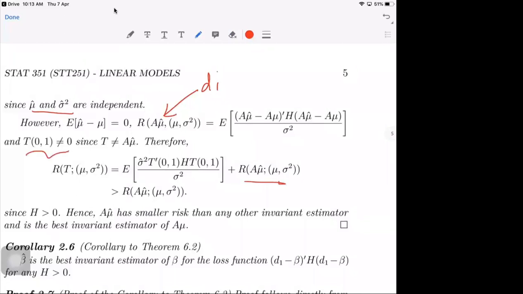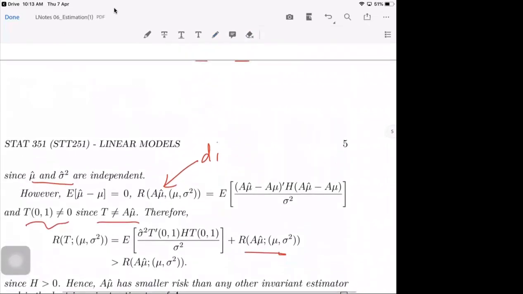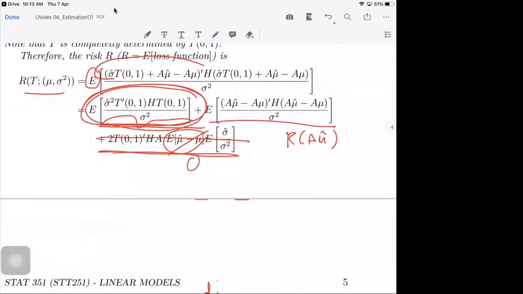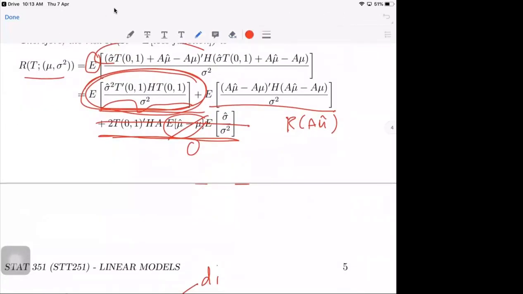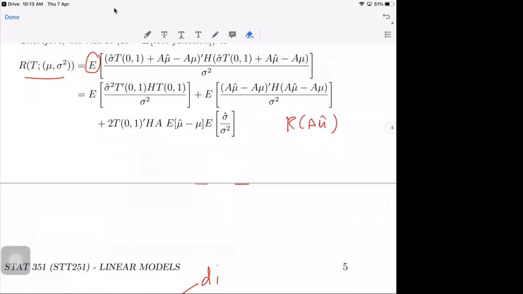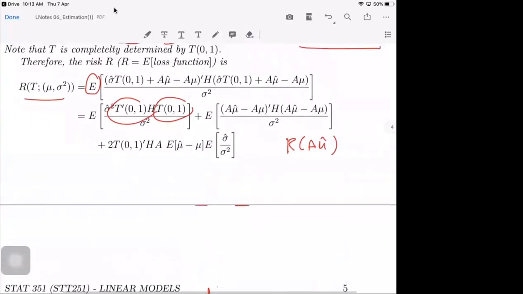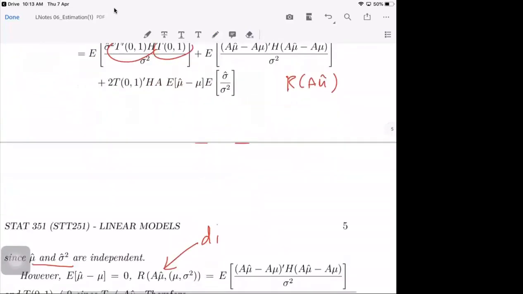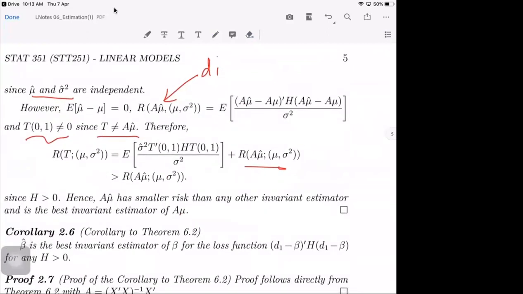But since this is not negative and T is not equal to A mu, it means that this term is always positive. So this expectation here is, of course, sigma squared is positive, sigma hat square is positive. So this term here is always greater than 0.